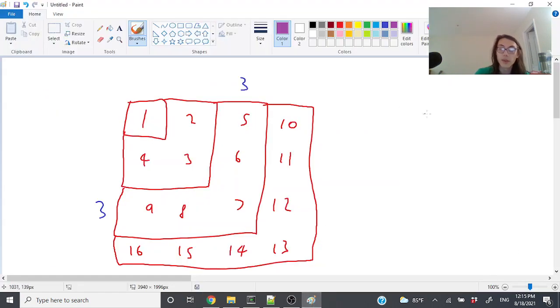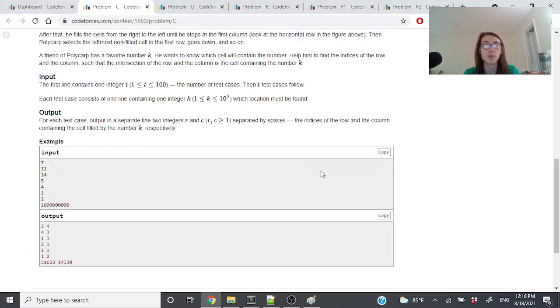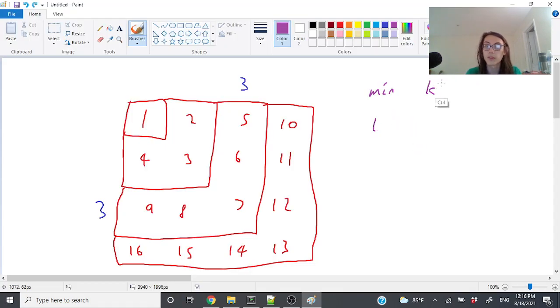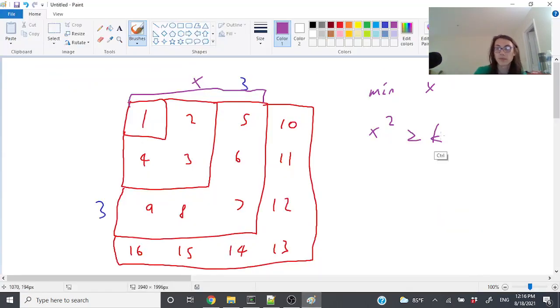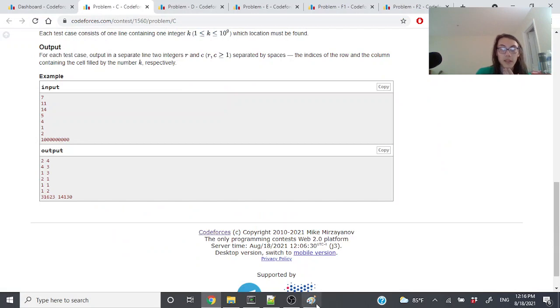Basically, we want the smallest x, the side length, where x squared is greater than or equal to k, because the input is not n, the input is k, because they love that. If you can tell, I'm not happy with this contest. So we want the minimum x where x squared is greater than or equal to k.